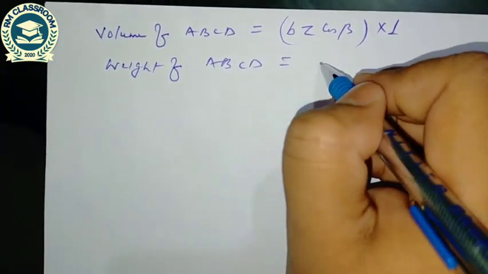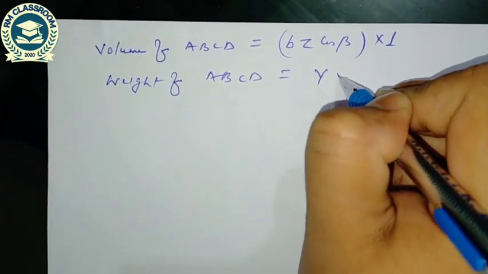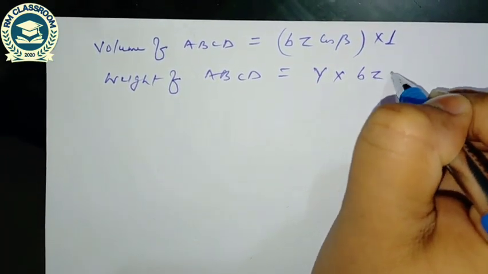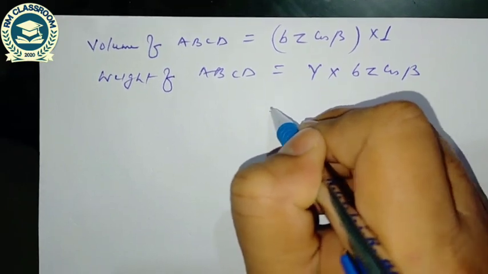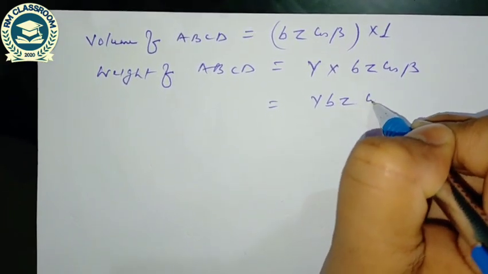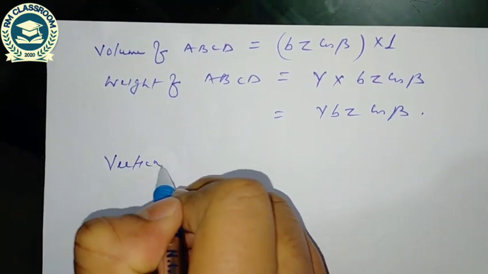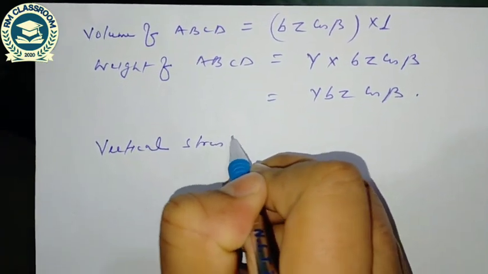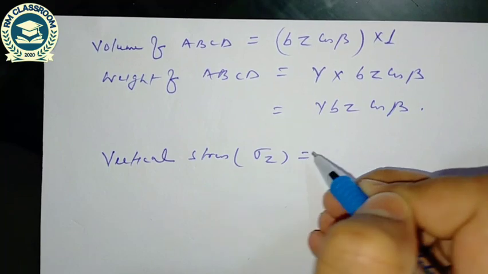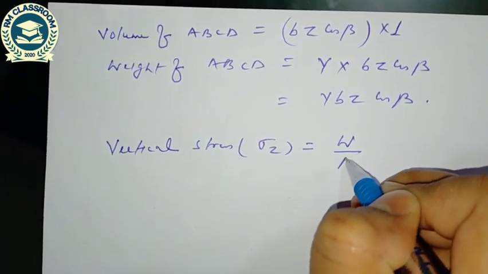Unit weight of this material. So gamma is the unit weight into volume. Volume is B Z cos beta. So it is coming gamma B Z cos beta. So vertical stress sigma Z is nothing but weight upon area.